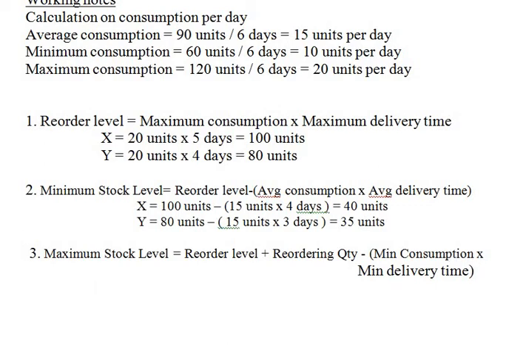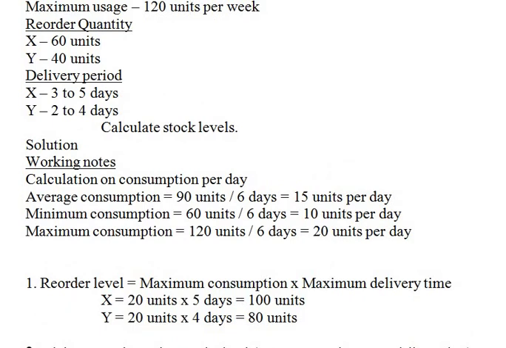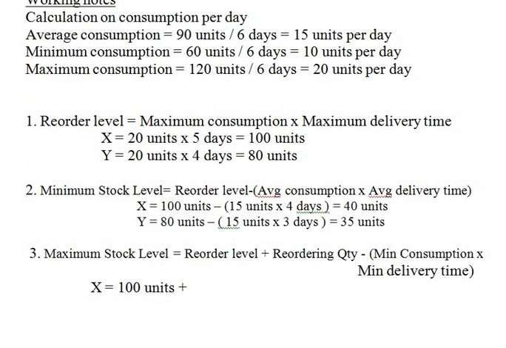First we will calculate it for X. So X is equal to reorder level as per our first note, that is 100 units, plus reordering quantity. Reordering quantity is given in the problem. Just go through it. Reordering quantity for X is 60 units. So here you can write 60 units.